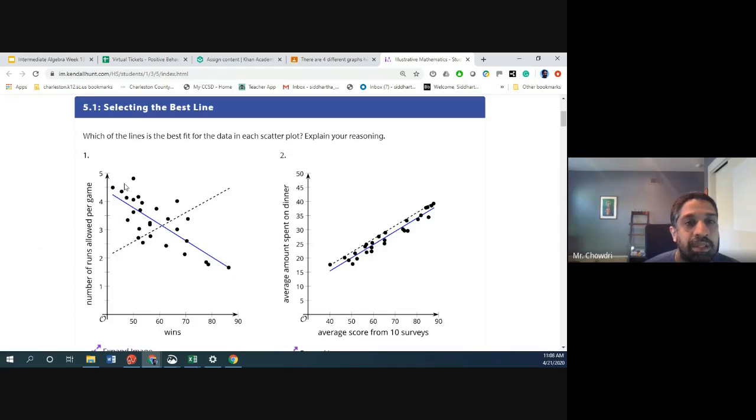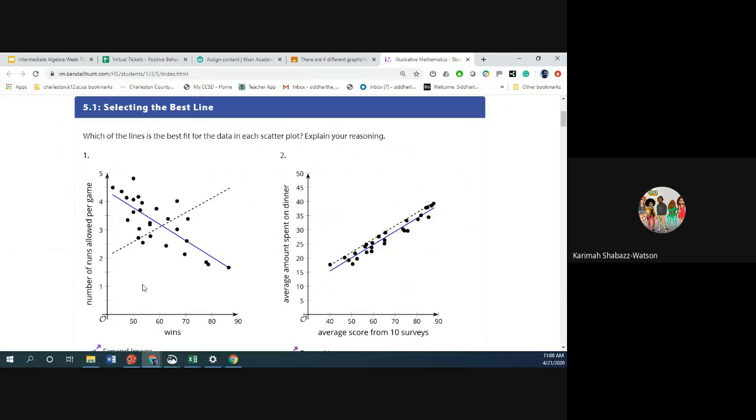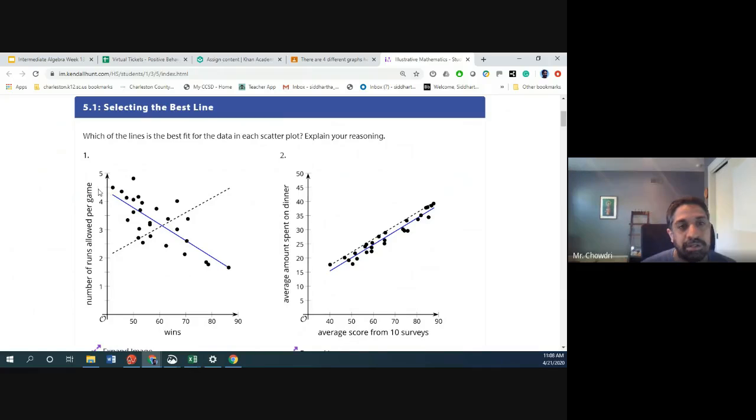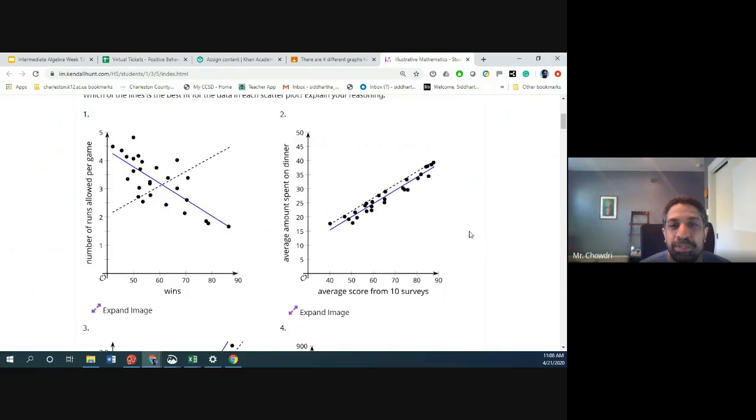Now, looking at this, this is probably the data from the season of a team or from a league. Which of these 2 lines, the solid line or the dashed line, best represents this graph? The solid line. Yeah, the solid line, definitely, right? The relationship is pretty much going down, and so this solid line is going down, whereas this dashed line is going up. So that one's pretty clear.